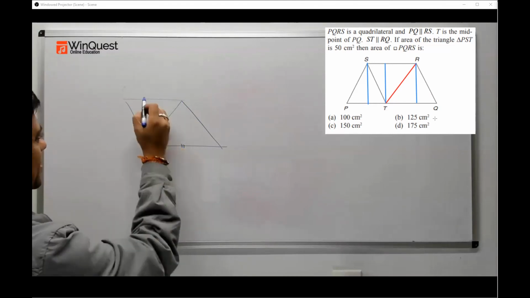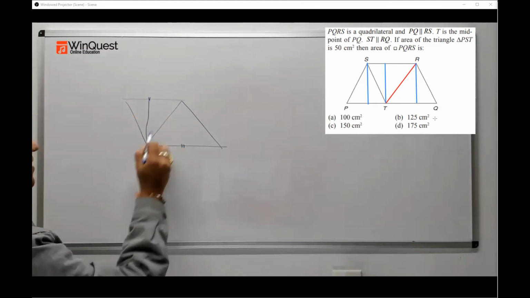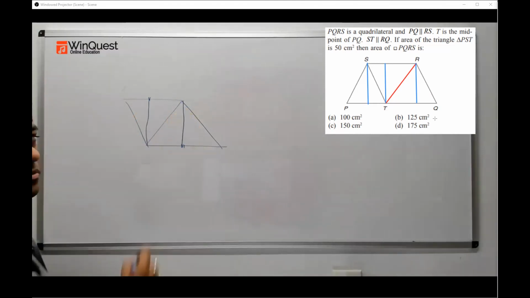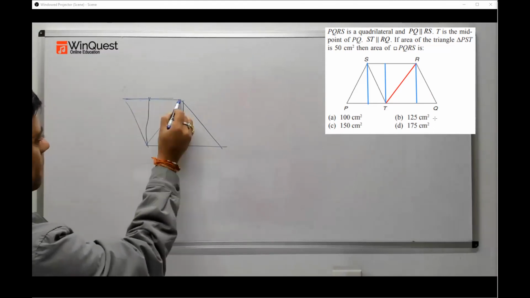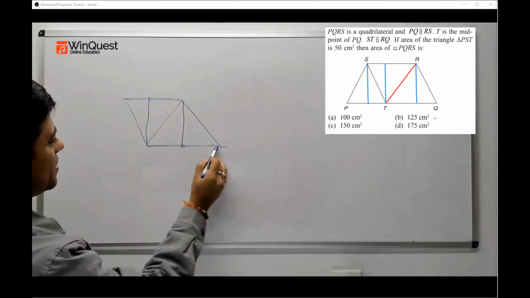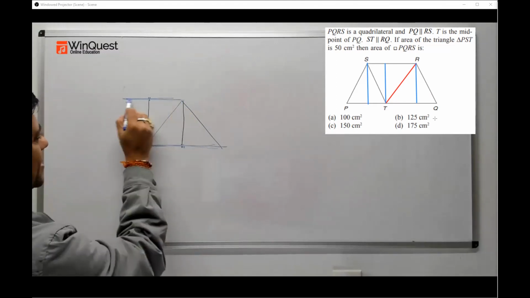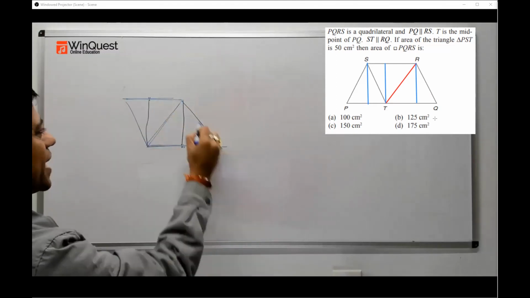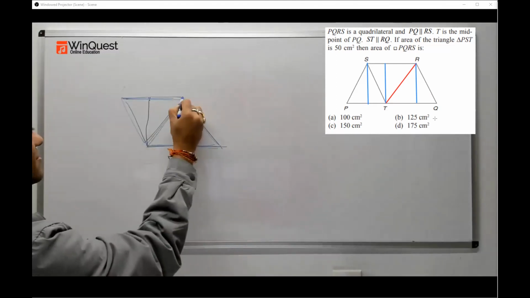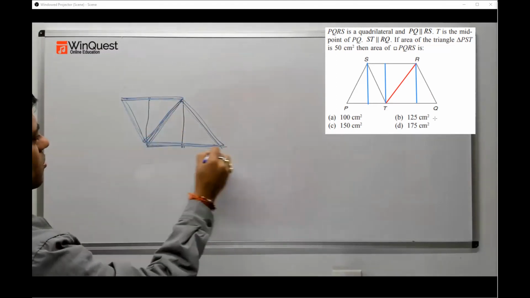This is equal to this. This height is the same as this height, and this base and this base are the same. So isn't the area of this triangle going to be equal to this triangle? Yes or no?